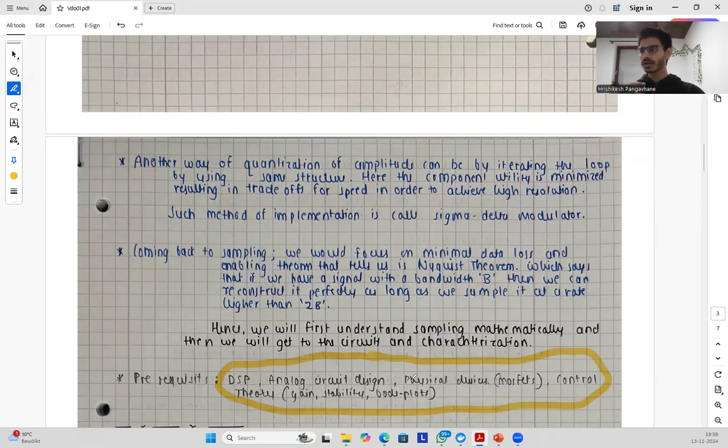We will need the physics of MOSFETs a little, and for considering gain, stability, Bode plots, and negative feedback, we will need the concepts of control theory. So these will be our tools. As of now, if you have any questions, do let me know, or else we'll start with sampling.